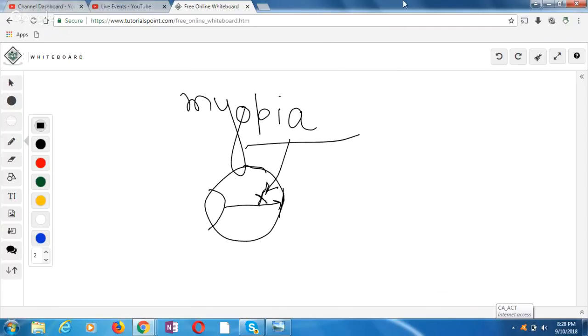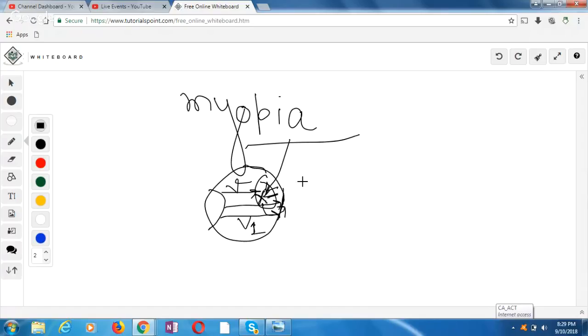To overcome it, the image formation which is happening here has to be taken to the retina. It means that in the eye of the person, this is the actual v. Now for clear image formation, the v has to be shifted here.